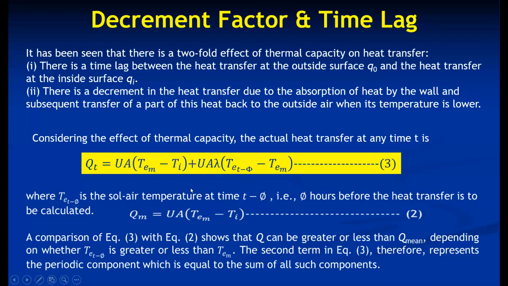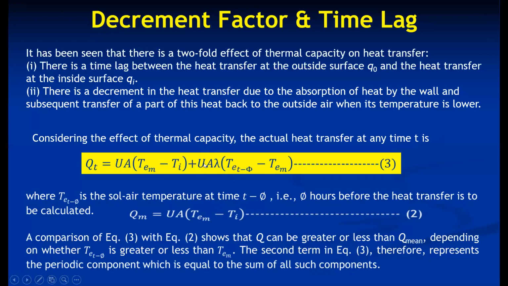This term takes into account the decrement in heat transfer, because lambda is the decrement factor. Its maximum value is 1 and its lowest value is 0. For a very thin wall, lambda tends to unity, and for a very thick wall, it tends to 0.